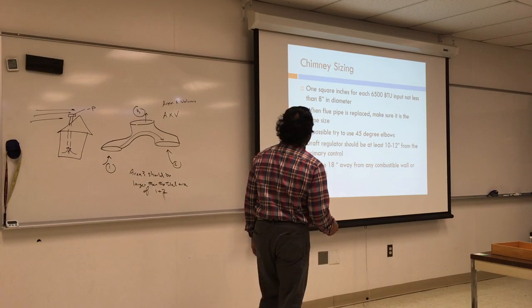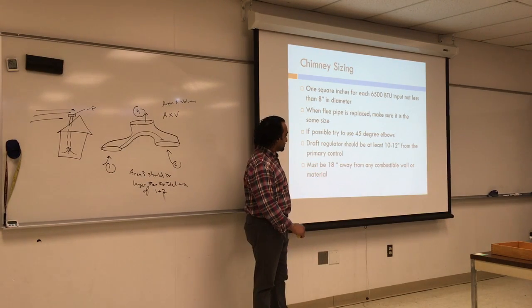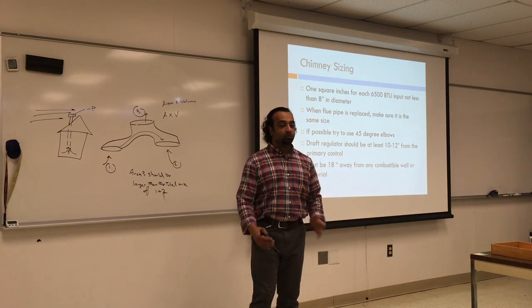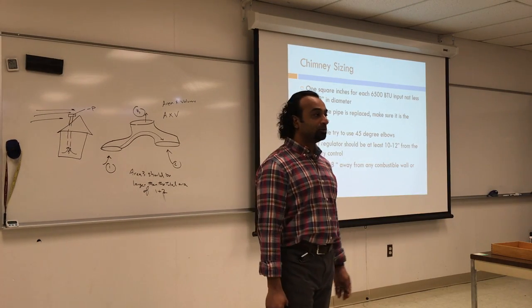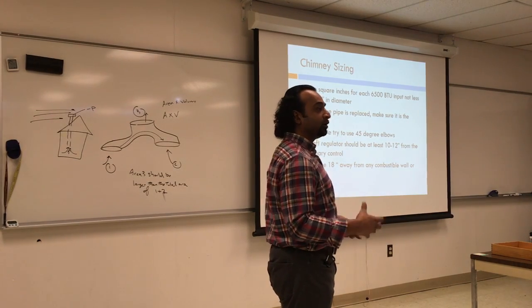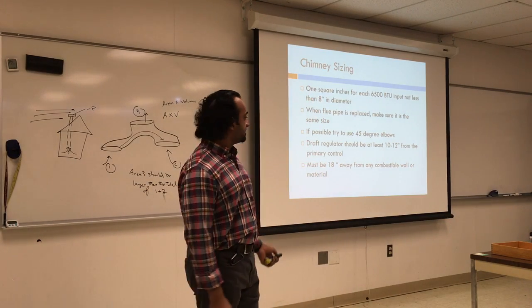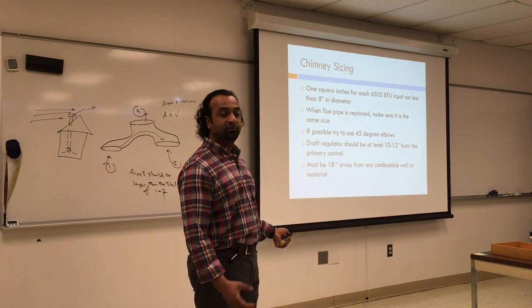Must be 18 inches away from any combustible wall or material. So 18 inches from any cardboard, wood, so make sure it has its own support and it's away from any combustible material by 18 inches.